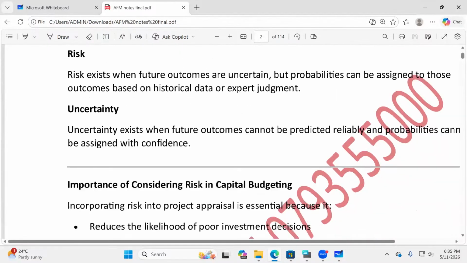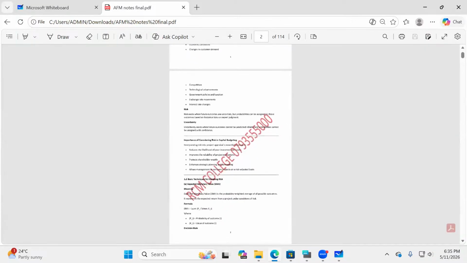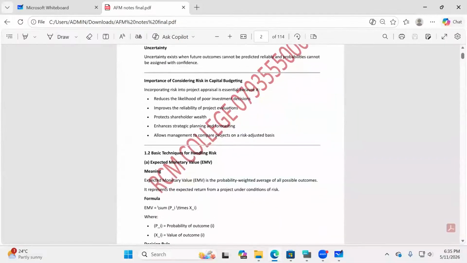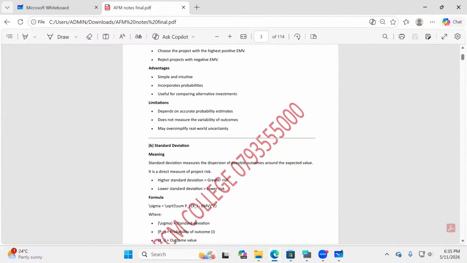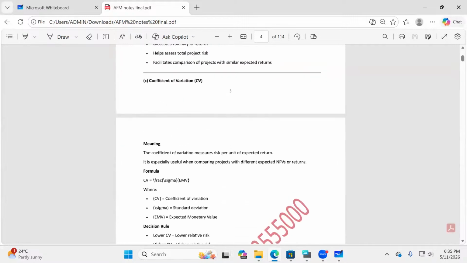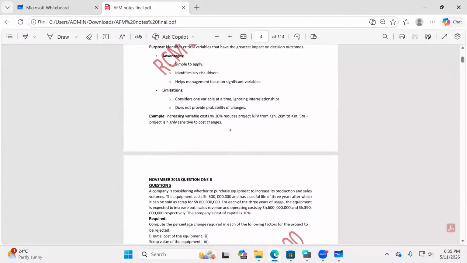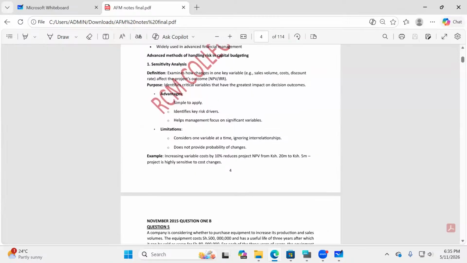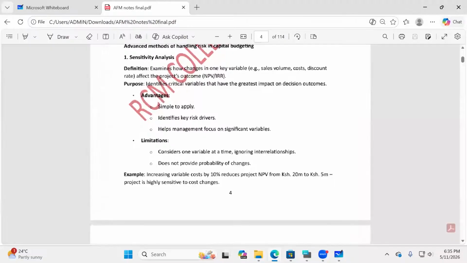So today, ladies and gentlemen, what I'm looking at, my good students, is this: advanced methods of handling risk in capital budgeting.